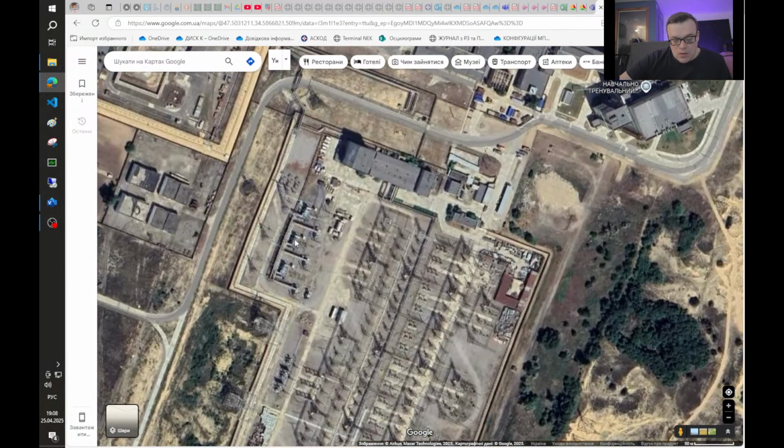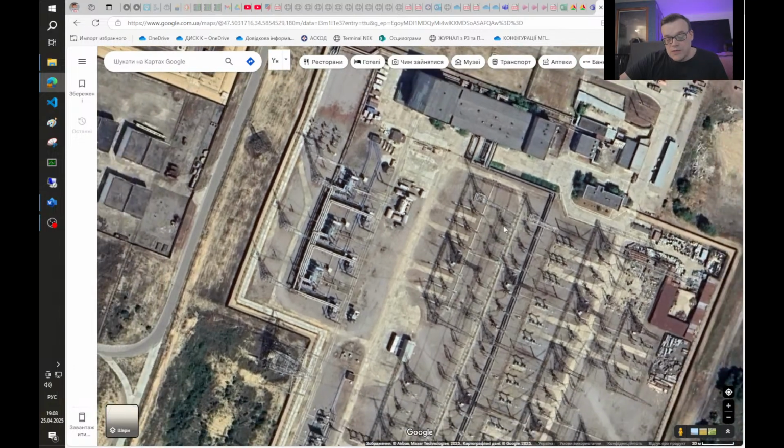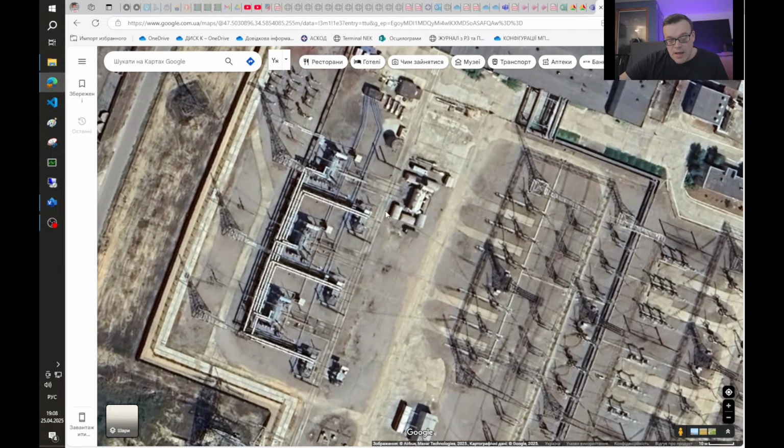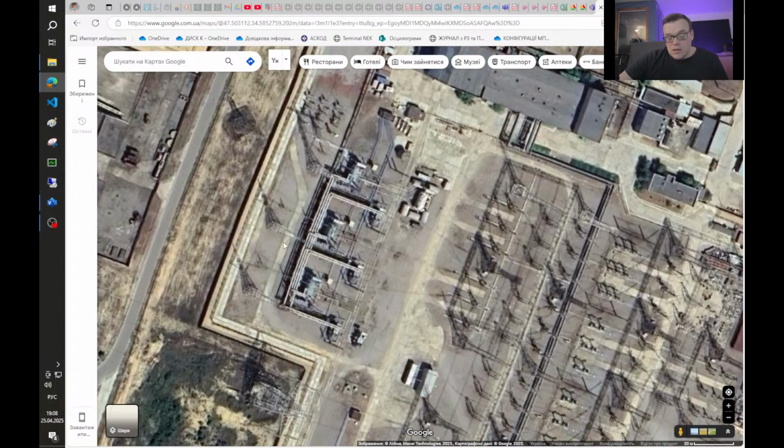Also, only one group of auto transformers connects the 750 kilovolt grid with 330 kilovolt, and here you can see 4 transformers. This is the spare one, which is usually used in all designs.